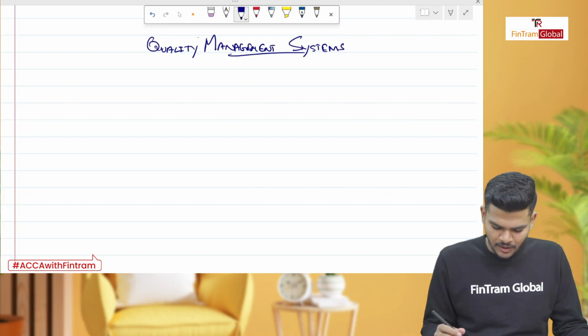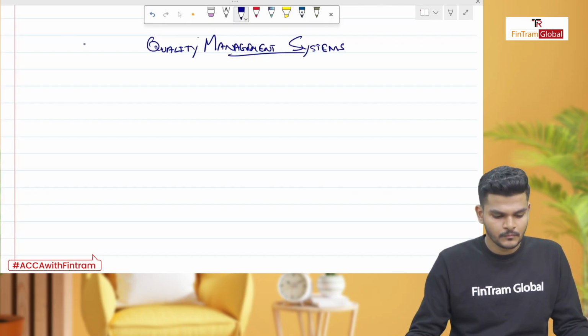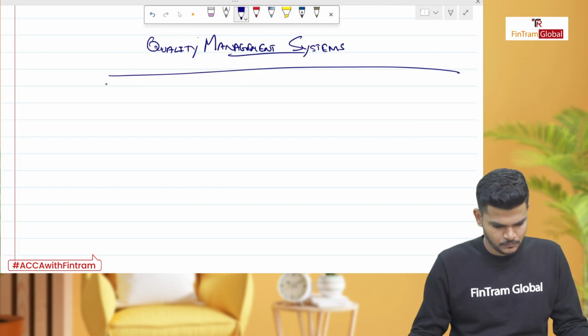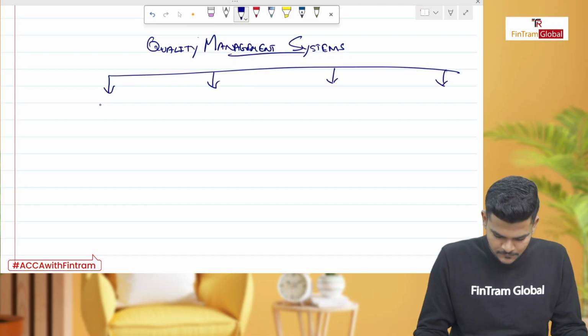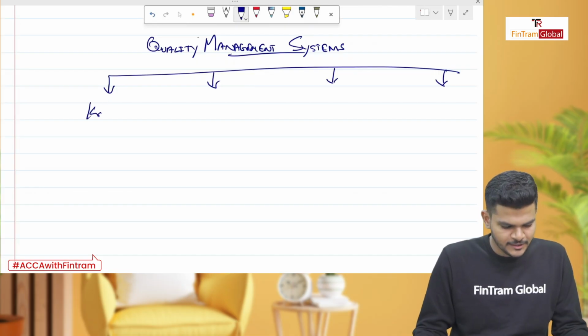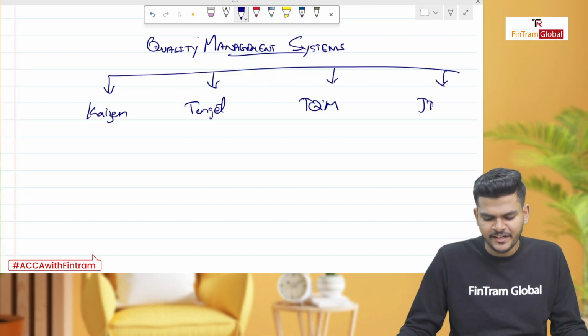So when it comes to quality management systems, we look at four concepts. First of all, we look at Kaizen costing, and then there would be target costing, which we already discussed, right? TQM approach, and then JIT.